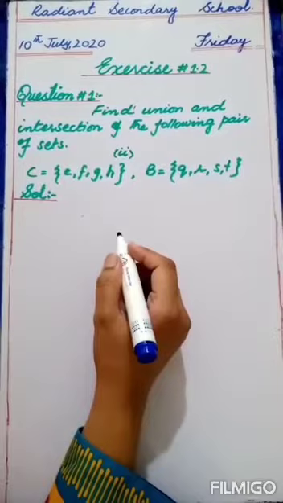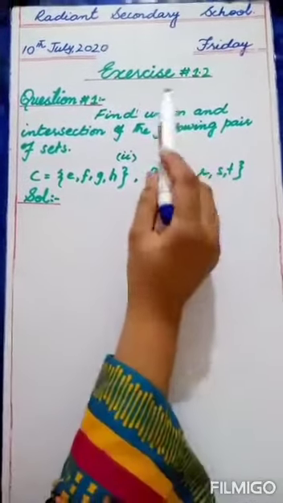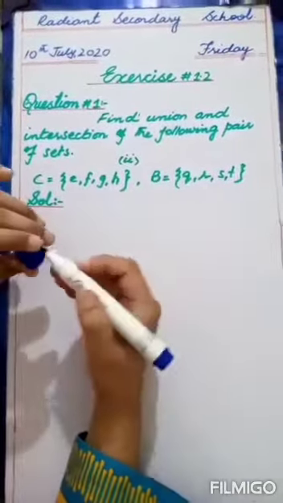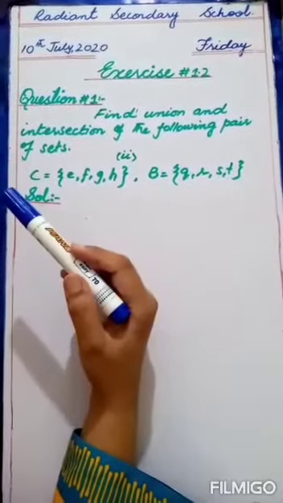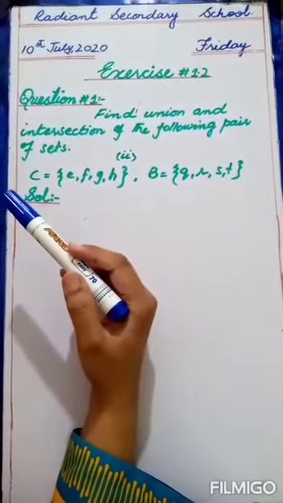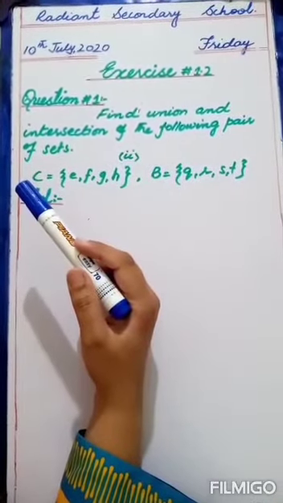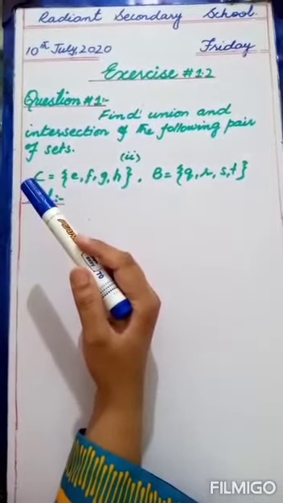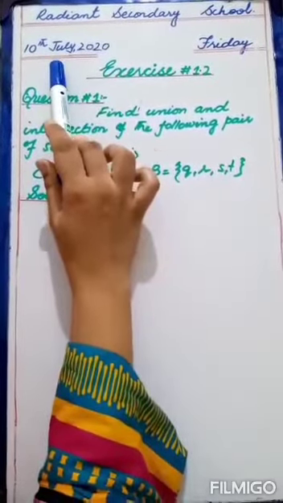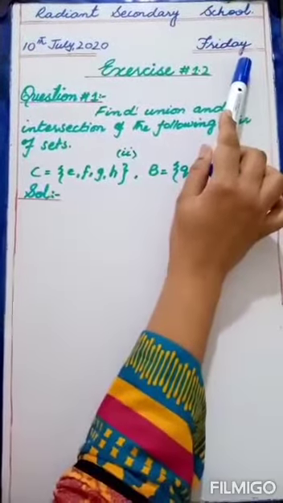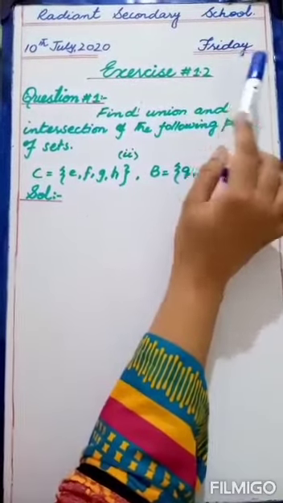Okay class, now we are going to start our exercise, that is exercise number 1.2. Before starting our exercise, I must tell you that you have to prepare your notebook with complete presentation, just like you used to do in school. On the left corner you have to write the date, and on the right side you have to write the day.